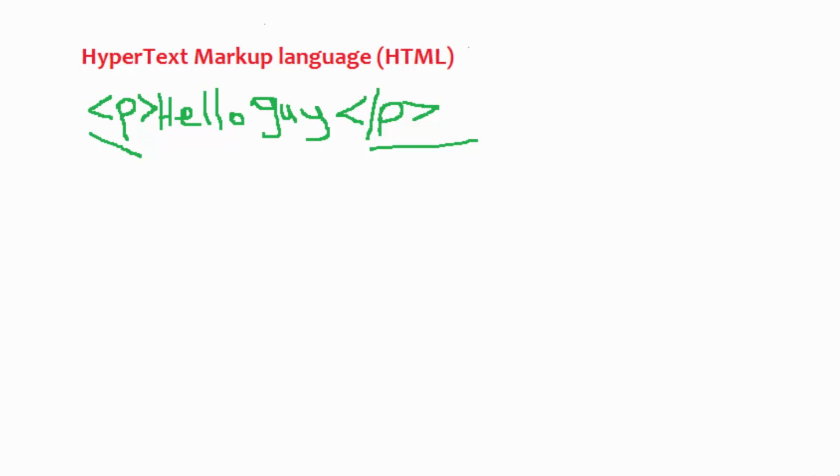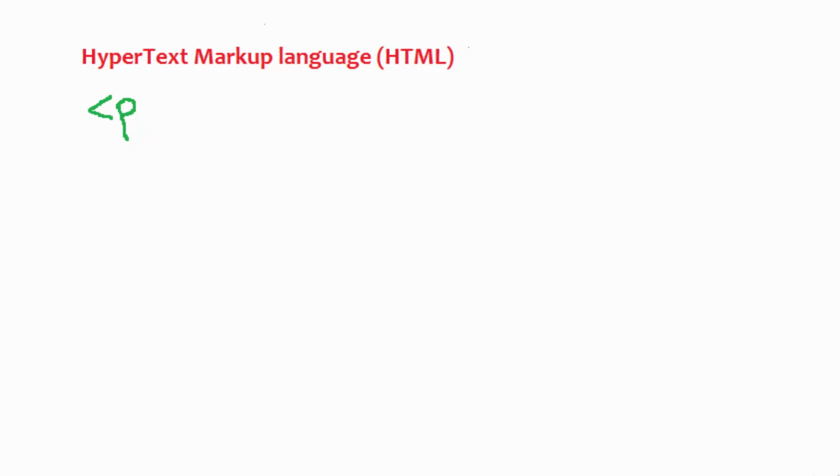Another example of a tag in HTML is the one for heading. The one for heading, we write it with H, then we put 1 in it like this. Then we also close it on the other end using H and 1 like that.